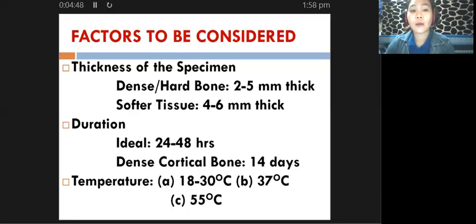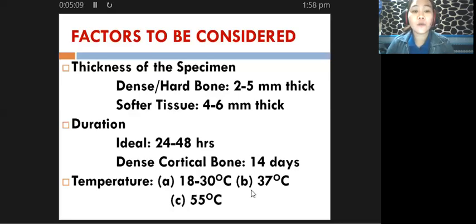Since dense cortical bone is harder to penetrate, it would require a longer duration. The required duration for dense cortical bone tissue is 14 days.